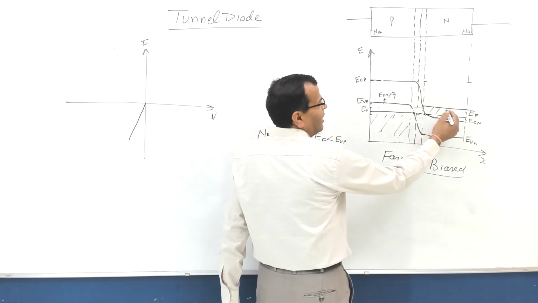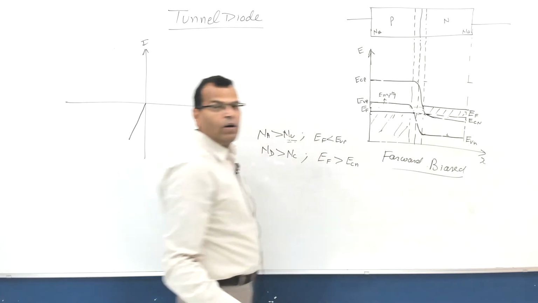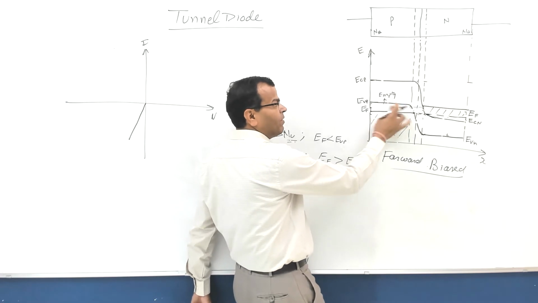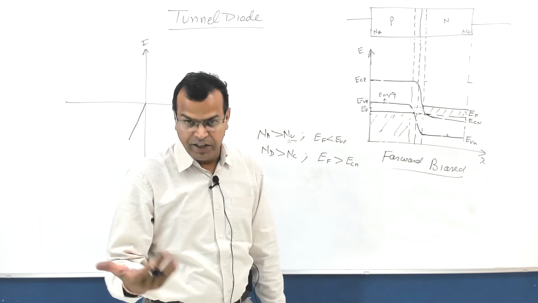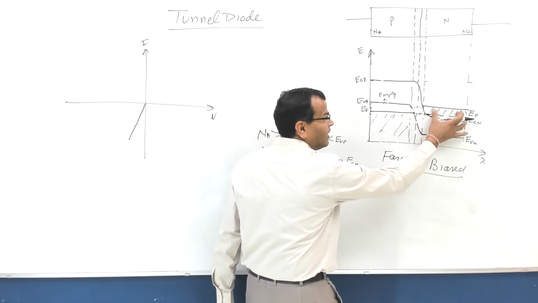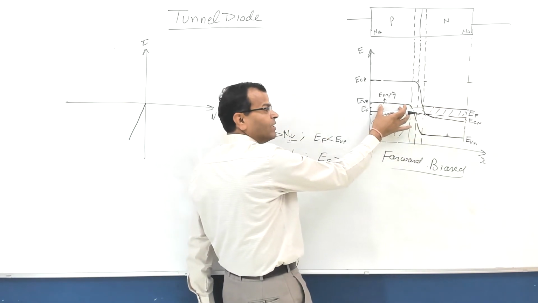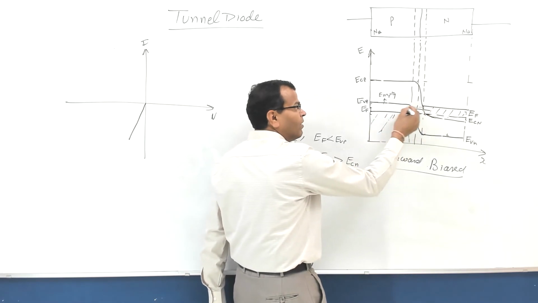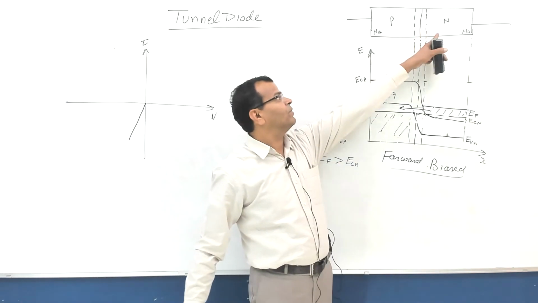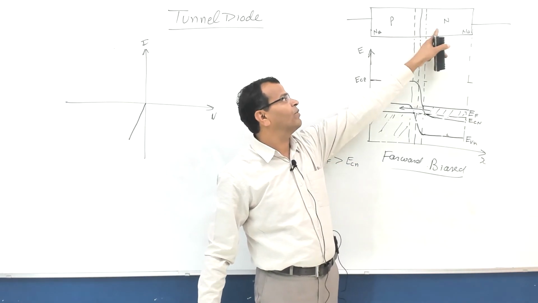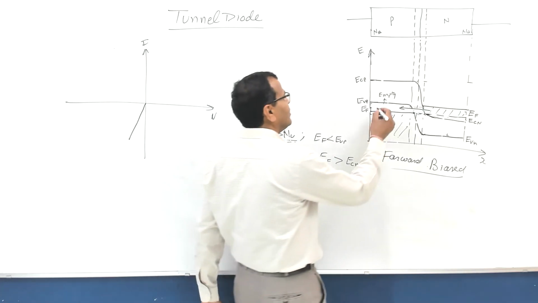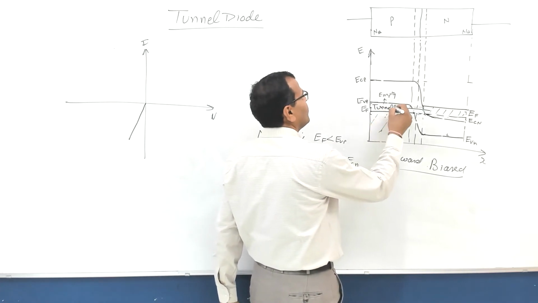All the energy states below the Fermi level on N side are occupied. All the energy states above the Fermi level are empty for the degenerate state. And since there are filled energy states on N side corresponding to empty energy states on P side, there will be flow of the electrons from this side to this side. When electrons flow from this side to this side, holes flow from this side to this side, that is forward bias current, and this is known as tunneling.